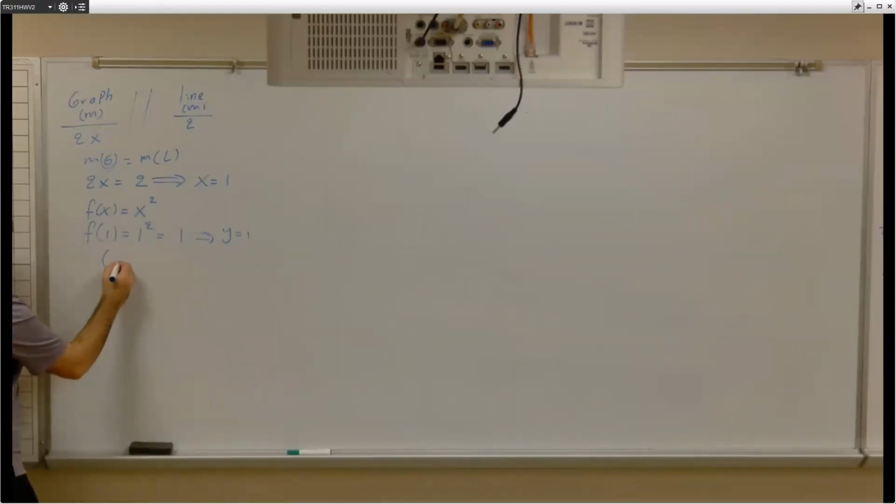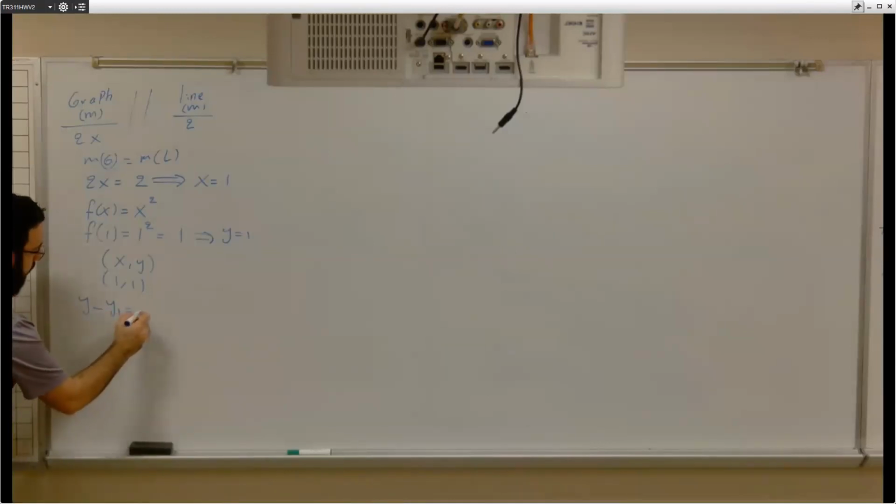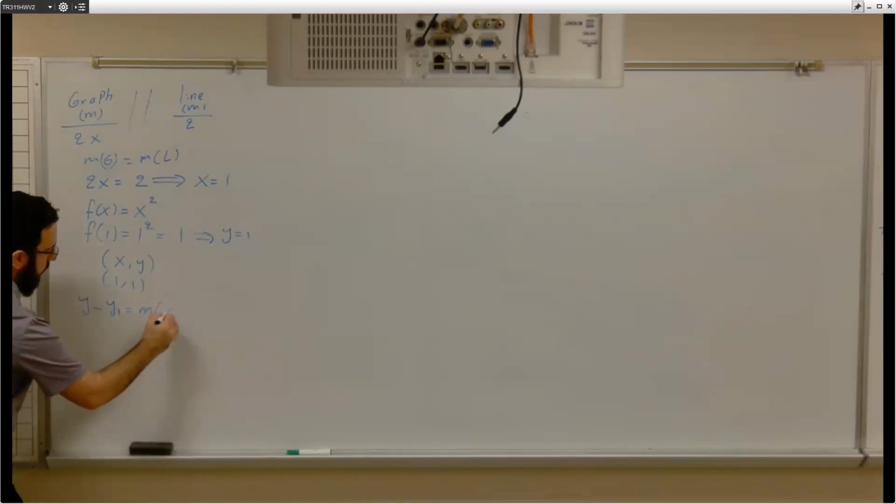So we have a point, x, y, so we have 1, 1. So that's the point. Now I can write down the equation of the line. I have the slope and I have a point. So I'm going to say y minus y1 equals the slope times x minus x1.